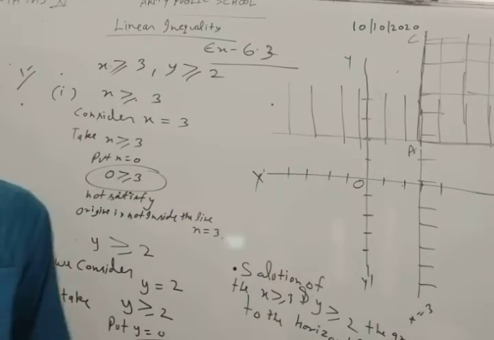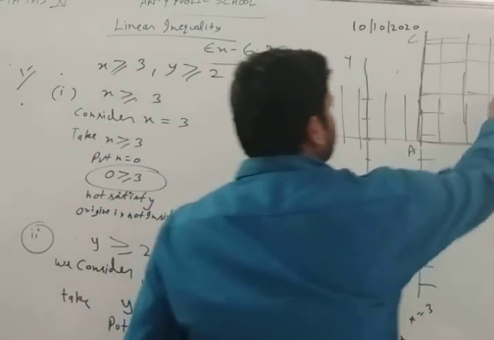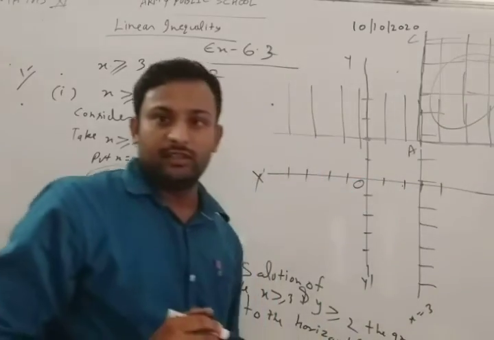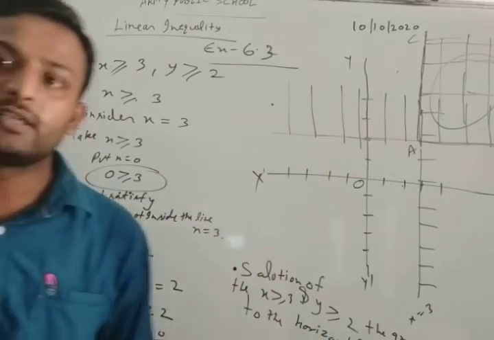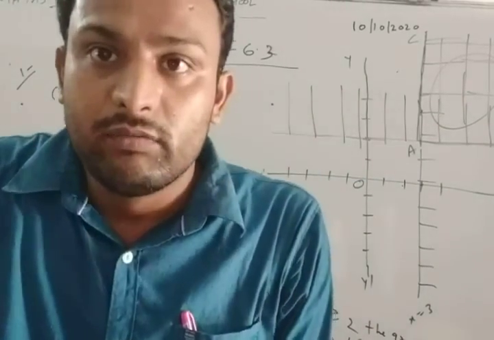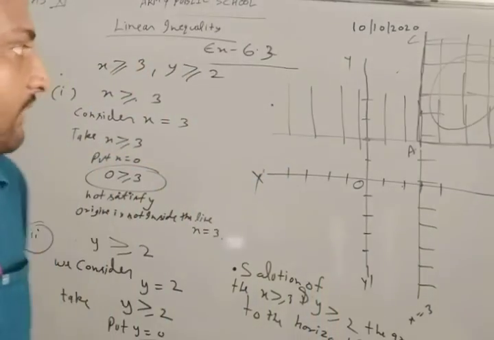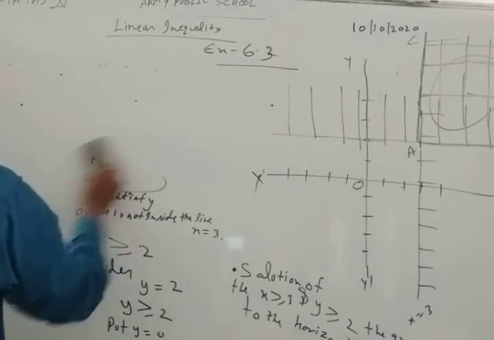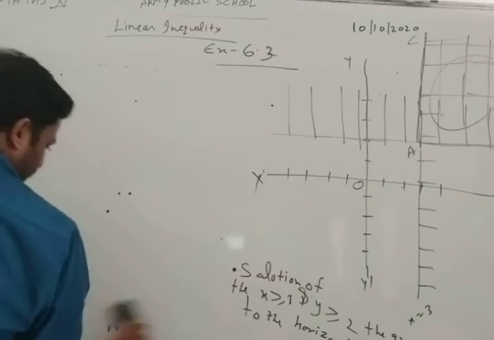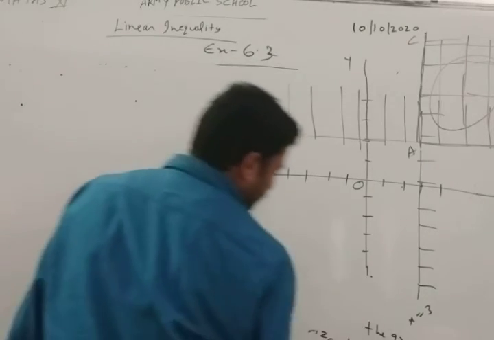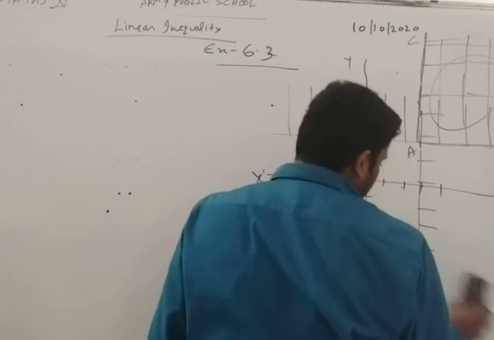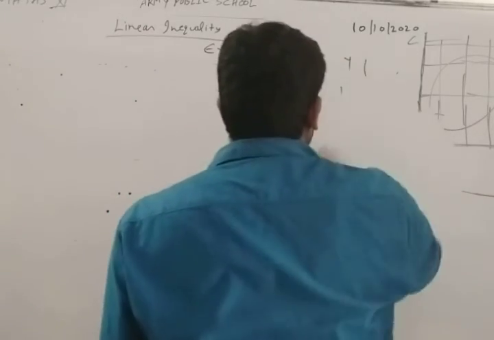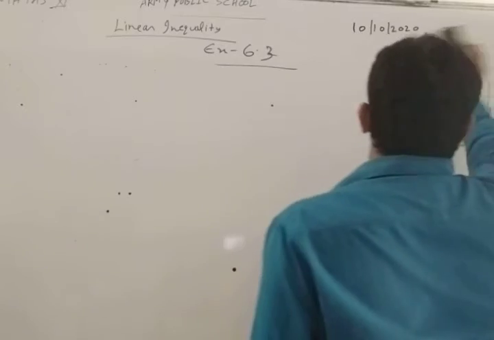That portion is our solution region. In this way we can draw the graph of two inequalities, and the common portion of both inequalities will be the solution of the inequality.